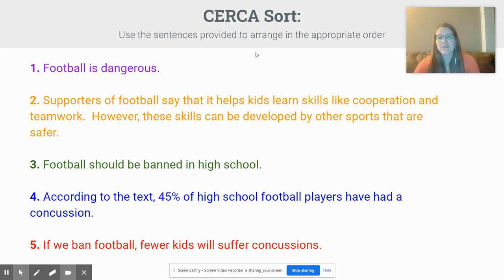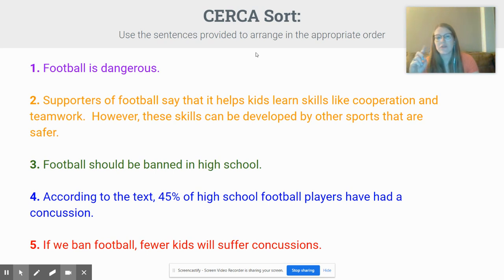Now personally, I can see two answers that you all would probably pick. I can see you all picking either football is dangerous or football should be banned in high school, because you think that those are the opinions, possibly, of the author. Now, here is the trick to this. Can one be the reason for the other?